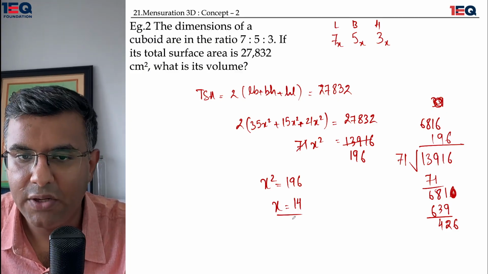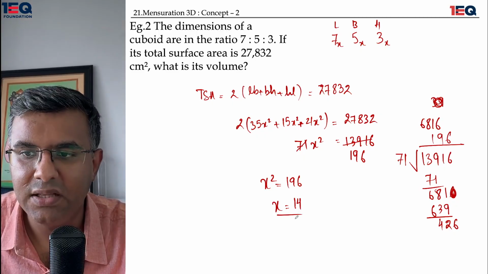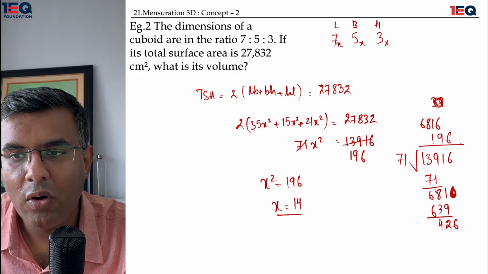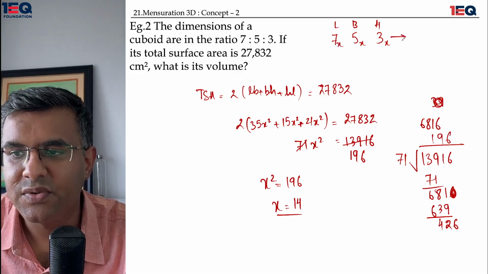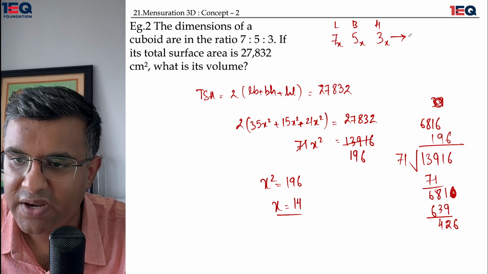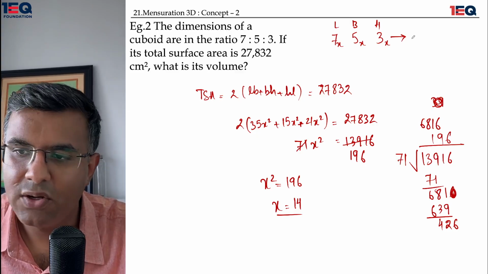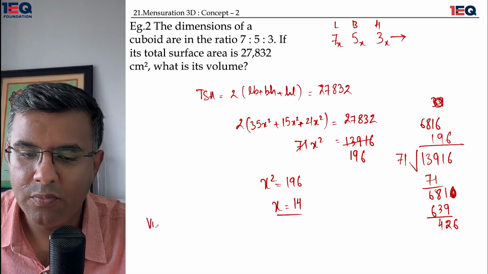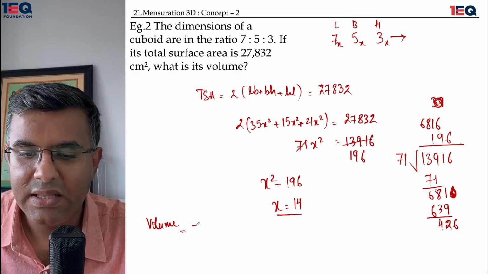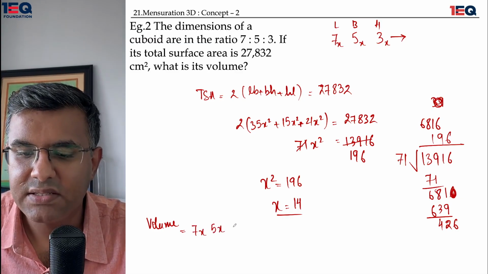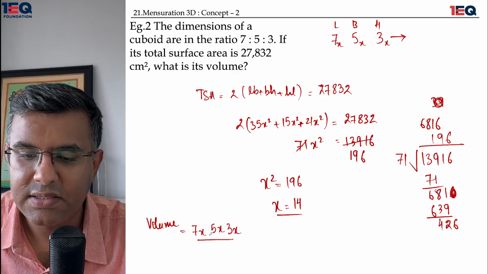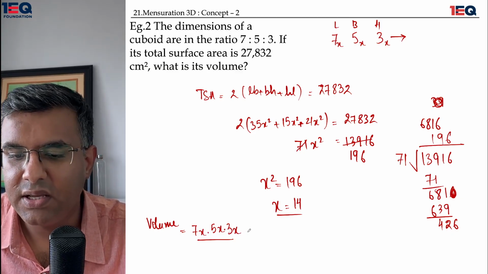So 14 is basically the value of x, which now would be multiplied by all the dimensions which I have mentioned in terms of ratios. So the length is 14 into 7, the breadth is 5 into 14, the height is 3 into 14. To find out the volume, I need to multiply length, breadth, and height. So 7x, 5x, and 3x.